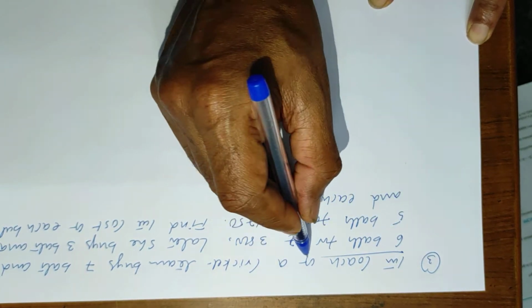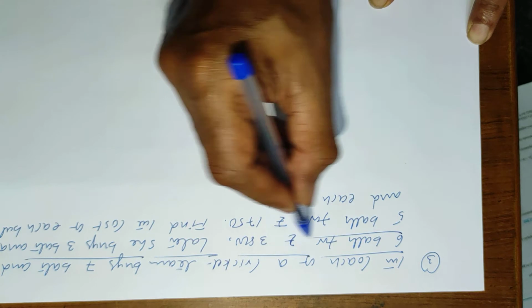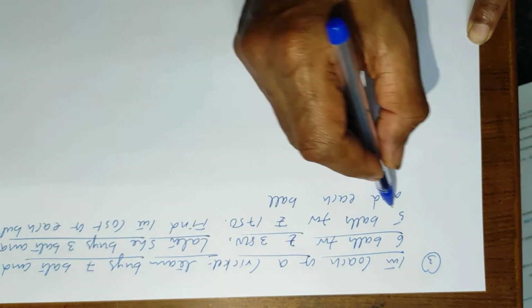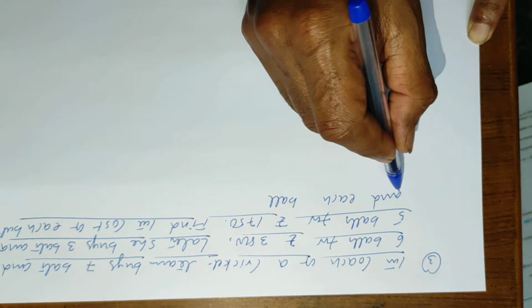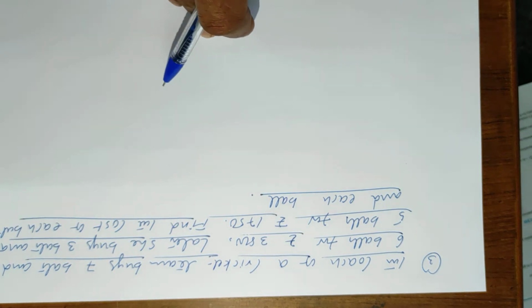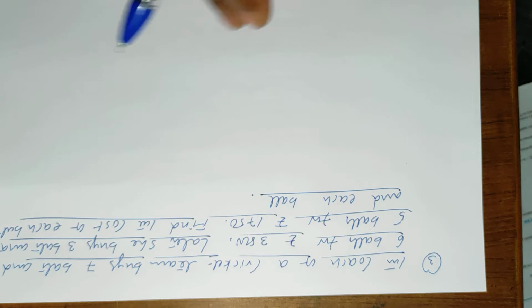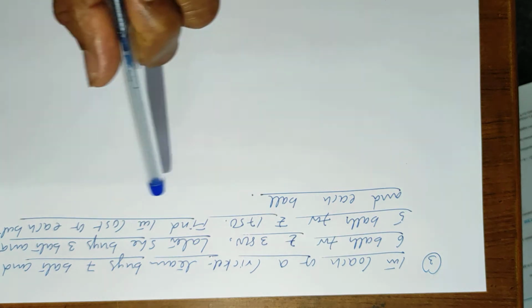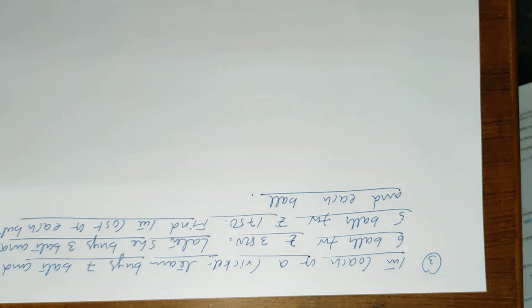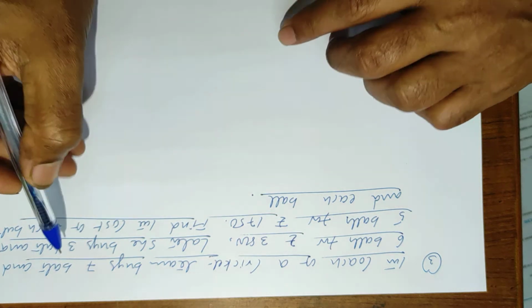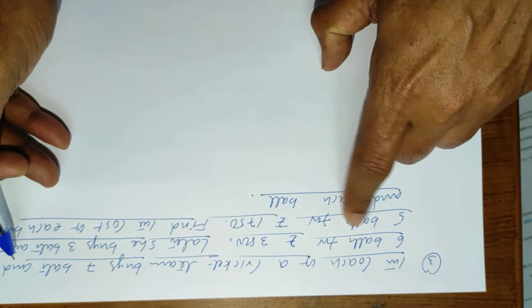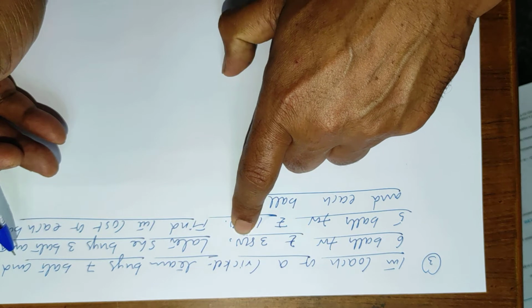Dear students, we already did 2 such problems. Here we are doing the same but using the substitution method, that's all. You are asked to find the cost of each bat and each ball. Total cost of 7 bats and 6 balls is 3,800.